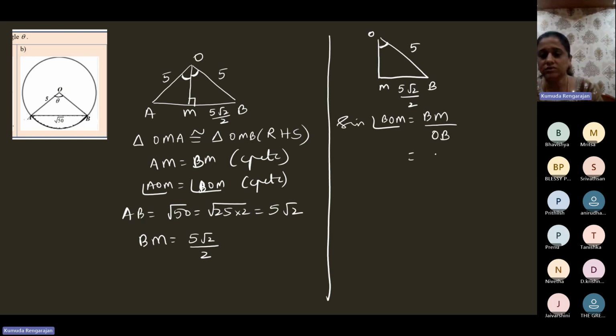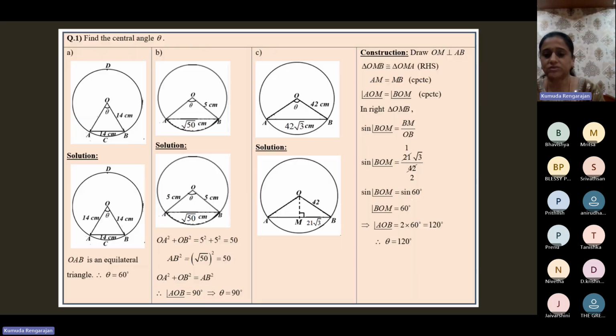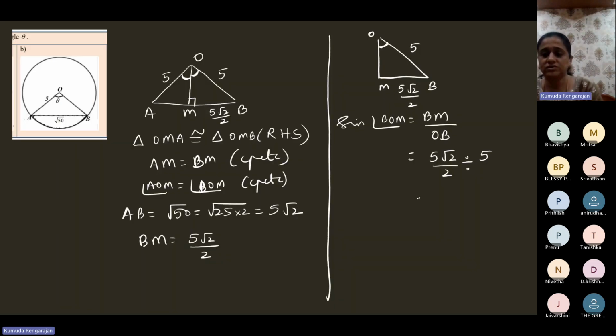That is equal to 5 root 2 by 2 divided by 5, which is 5 root 2 by 2 into 1 by 5. Division becomes multiplication and the reciprocal of 5 is 1 by 5. 5 cancels. Root 2 by 2. When you cancel, you'll get 1 by root 2.